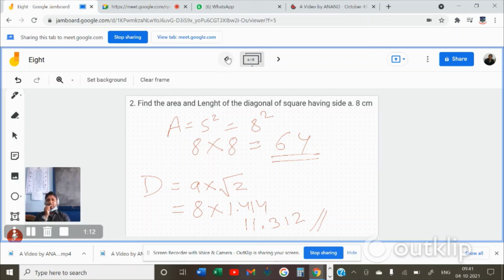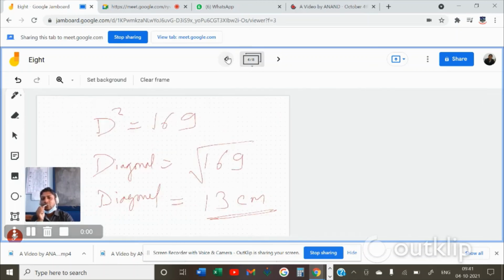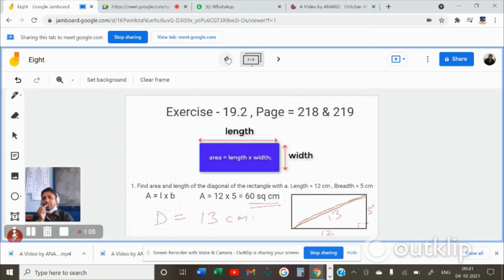This is done. Okay, so let us quickly go back. Today what did we do? We did area of a rectangle. Then we came to know how to find out the diagonal of a rectangle. Area of a rectangle is length into breadth.